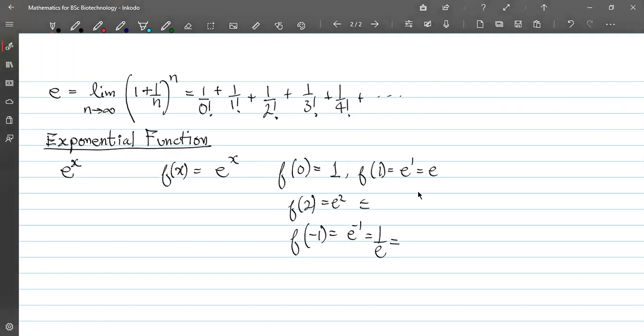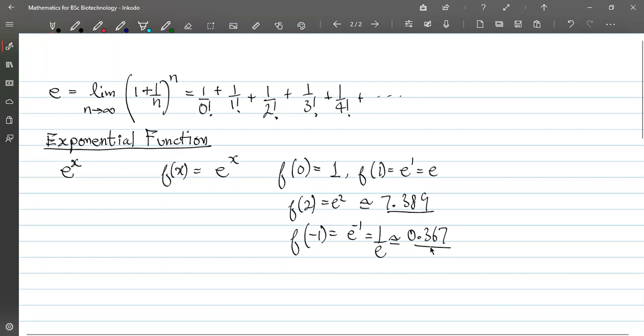So this is approximately 7.389, and f of minus 1, that is 1 upon e, is approximately 0.367. Okay, you don't need these values. I'm just showing you that it's possible to find all these values. Okay, so from this function, these will give you different values. However, you can also evaluate these in some other way.